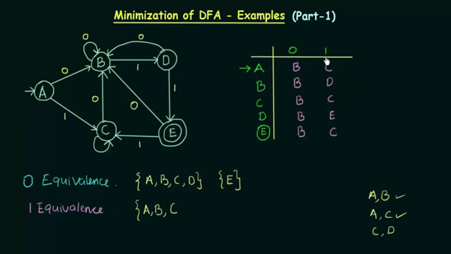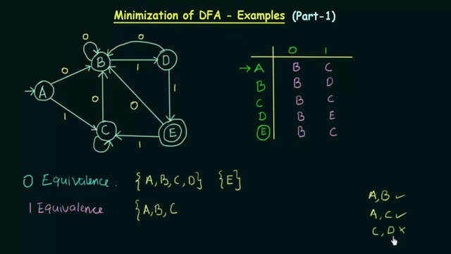Now on getting input 1, where do C and D go? C goes to C and D goes to E. C and E. Now check if C and E fall in the same set or not. We see that C belongs to this set, but E belongs to another set. So C and E do not belong to the same set, so C and D are not one equivalent to each other.